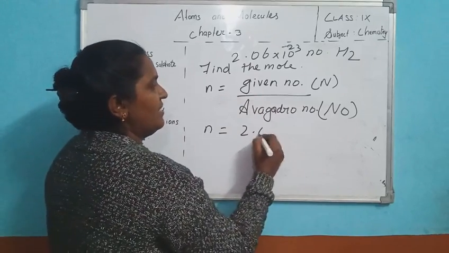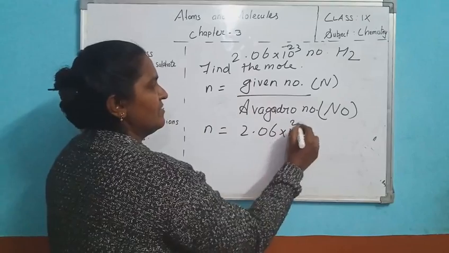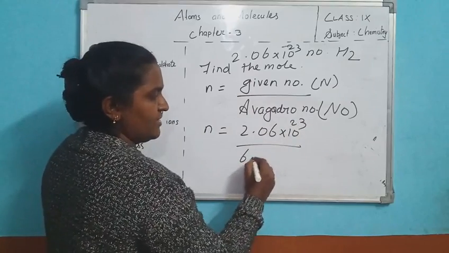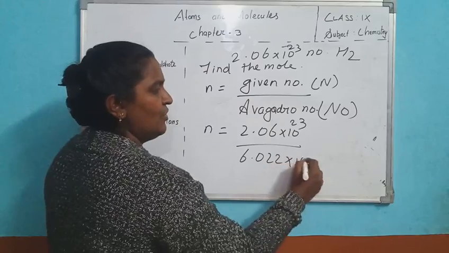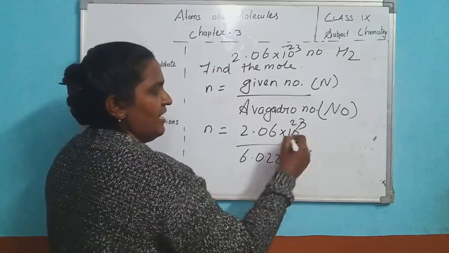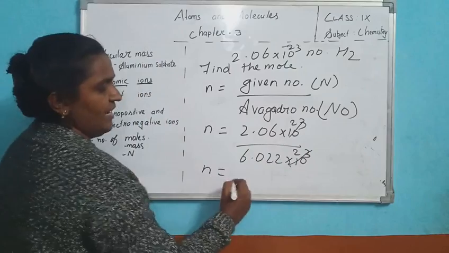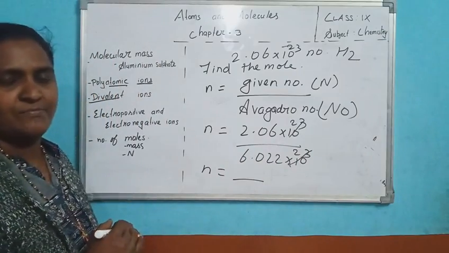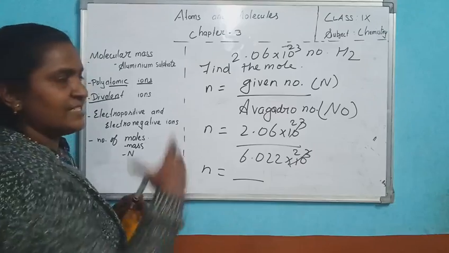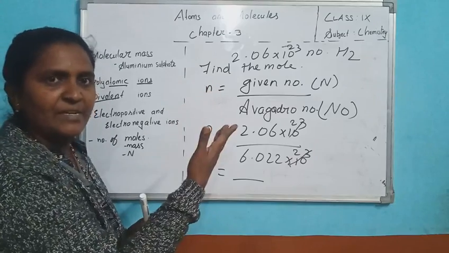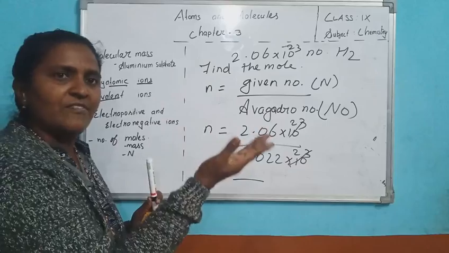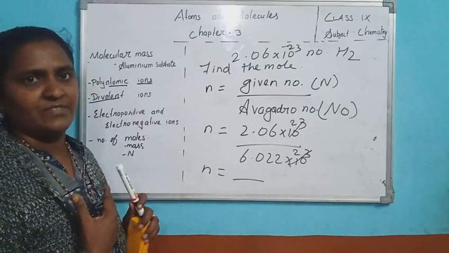What is the given number? And what is the Avogadro number? 6.022 into 10 raised to 23. And you cut it, and accordingly you will get the answer, the number of mole. Clear? If the gram is given, you can do given weight by molecular weight.